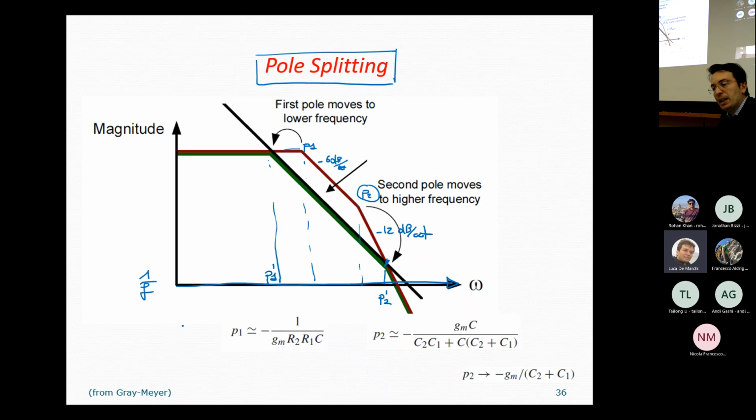Minimum value is the one which allows us to have this guy in saturation and this guy on. So starting from VSS, we have the overdrive of this transistor, which is transistor number 5.